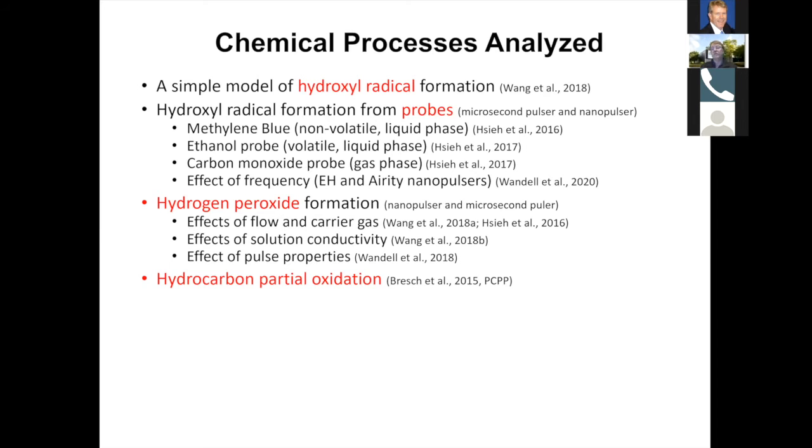We've done a lot of work on hydrocarbon oxidation, and that's of relevance if you had a hydrocarbon contaminant. We are also interested in taking hydrocarbon streams and oxidizing them from normal alkanes into alcohols, aldehydes, and such.